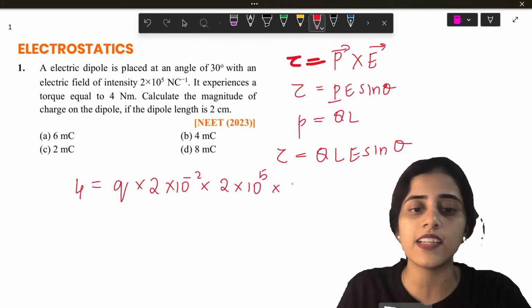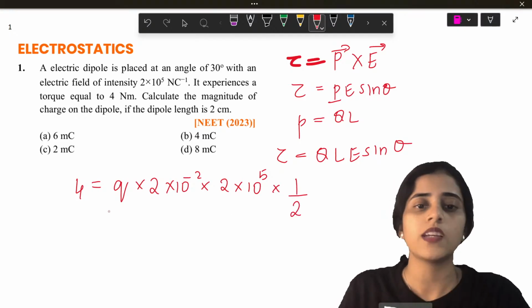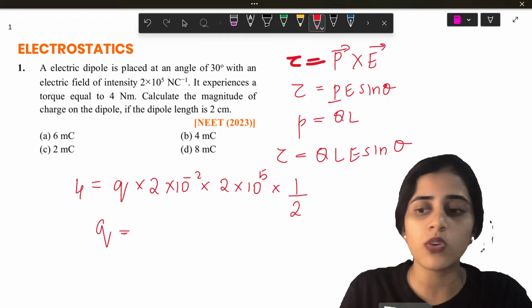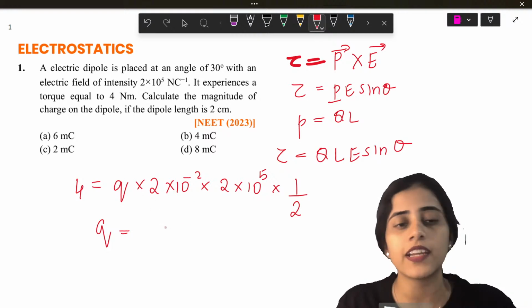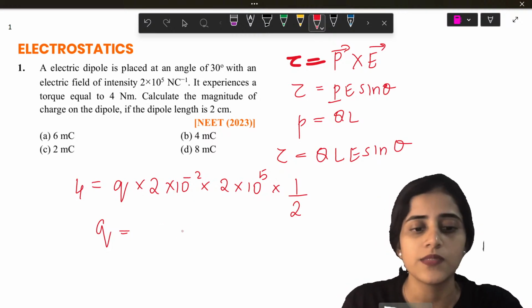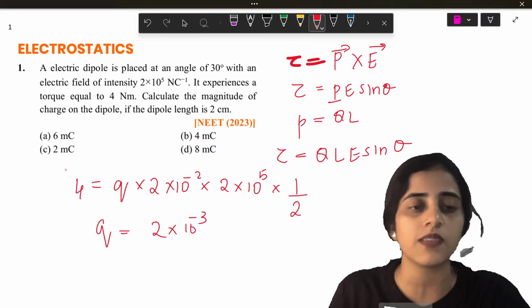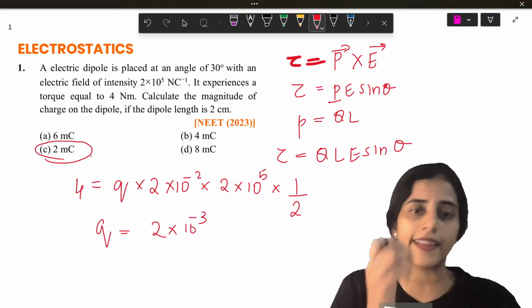Sine 30 is 1 by 2. So if you do the math and rearrange, you will get Q is equal to 2 into 10 raised to minus 3, which is 2 millicoulomb.